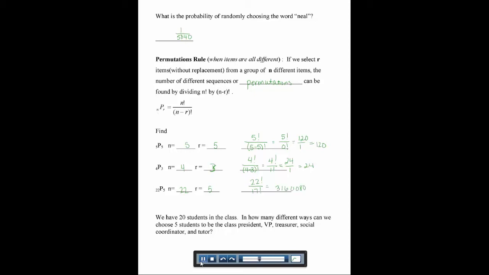Okay, now you can do NPR on your calculator. So to do this, you would put in your N, whatever that number is, and then you would hit math. You would go over to PRB, just like you did for factorial. Okay, and then number 2 says NPR. So you would choose NPR. That will take you back to the home screen, and you'll put in your R value. Okay, then you would hit enter, and it will give you the permutations.